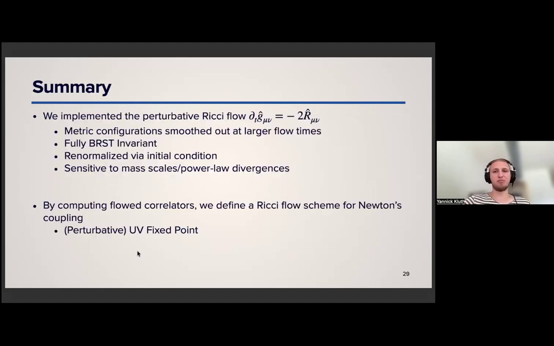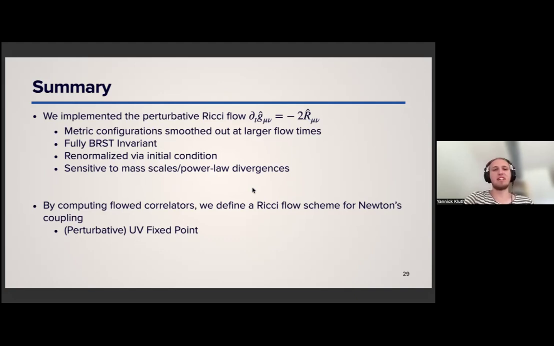Now, let me come to my summary. I showed you, hopefully well, how we implemented the perturbative Ricci-flow. The basic idea is that we have some sort of smearing for the metric in terms of the Ricci tensor. Some important points are that this smooths out the metric configurations that we have in general. It is fully BRST invariant, and it is sensitive to mass scales or power law divergences.